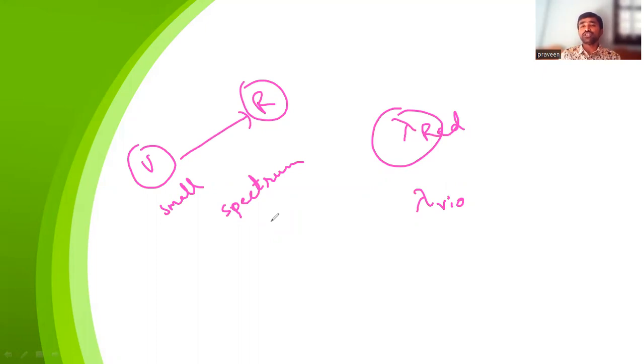So what is a color combination? By combining different colors, you are able to produce a different color. It is not an example for the spectrum. For example, on Holi day, playing with colors, if you mix the different colors, you get a new color. This is not an example for the spectrum.